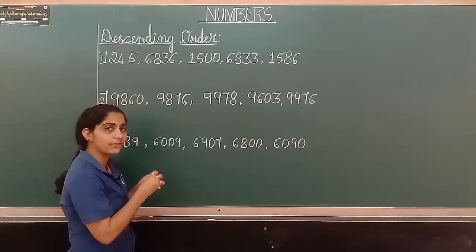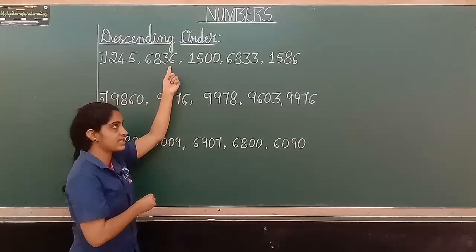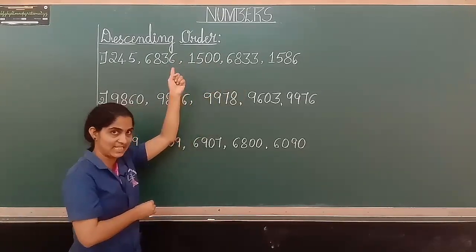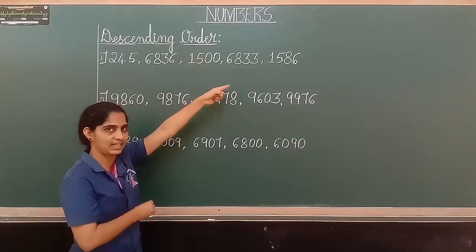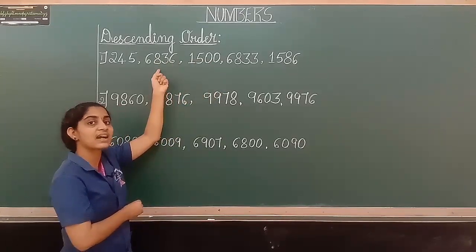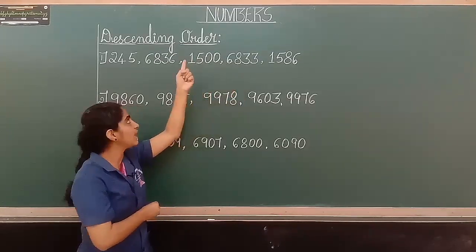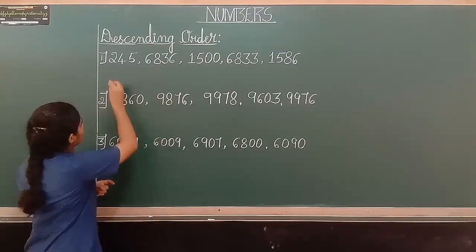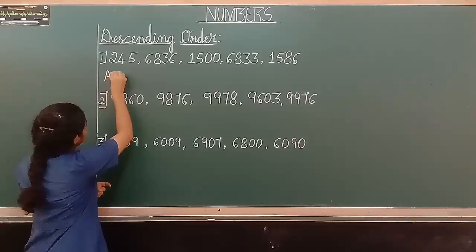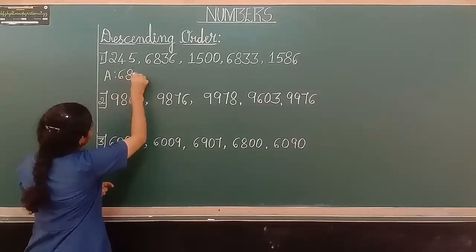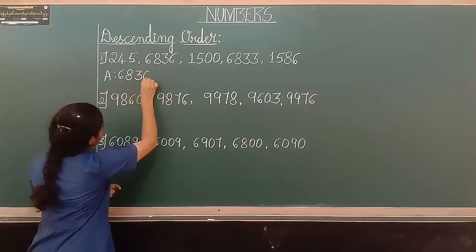When we compare the fourth digit, here we have 6, here we have 3. So which is greater? 6 is greater than 3. That means this is greater compared to this number, right? So let us write this number first. So this is the answer. Let us write 6,836.